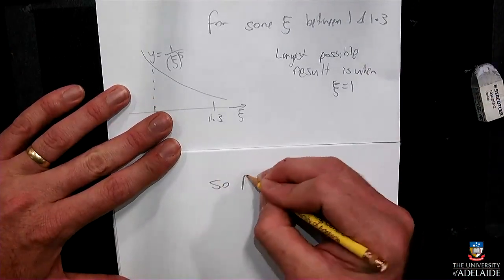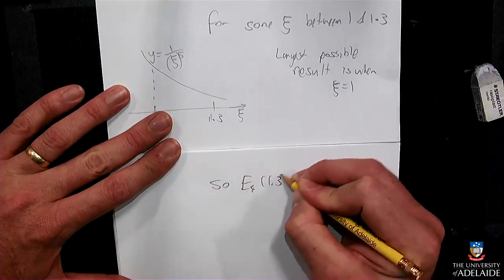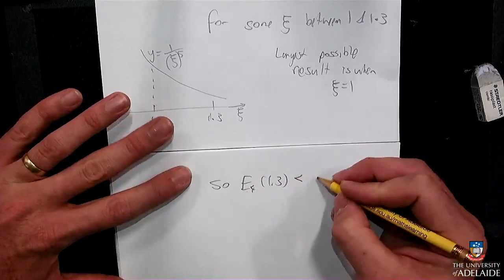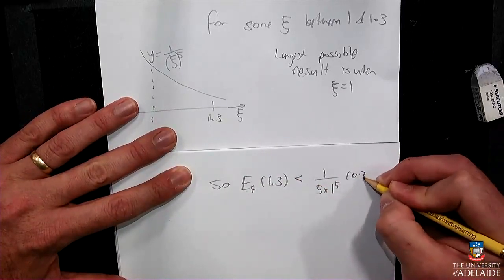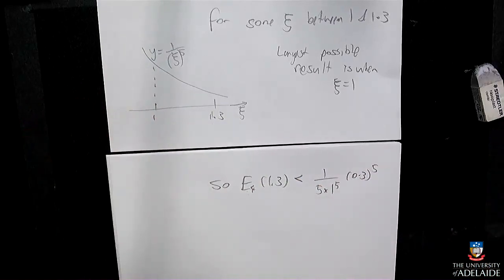And so the error will be less than this. Because I've chosen the psi to be 1, saying, well, the largest possible result is when psi is 1, so the actual error has got to be less than that, which is whatever it is.